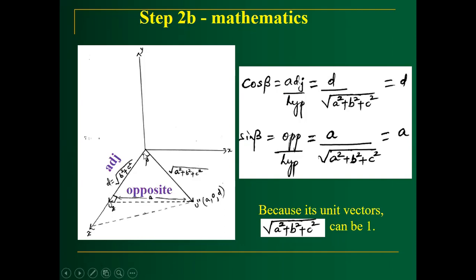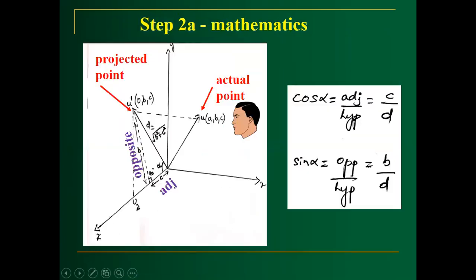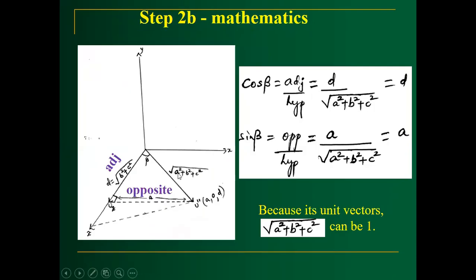That is what I told you here. So when you eventually rotate u dash to bring it to xz, at some point of time u dash will coincide with uz. So this d will now come to uz such that it looks something like this. So this is that d I'm talking about. Now this is opposite, and this is the adjacent.